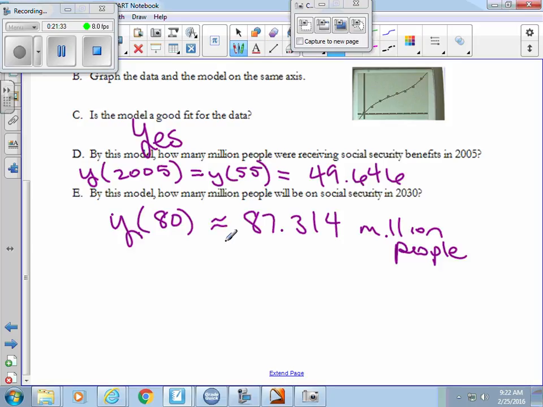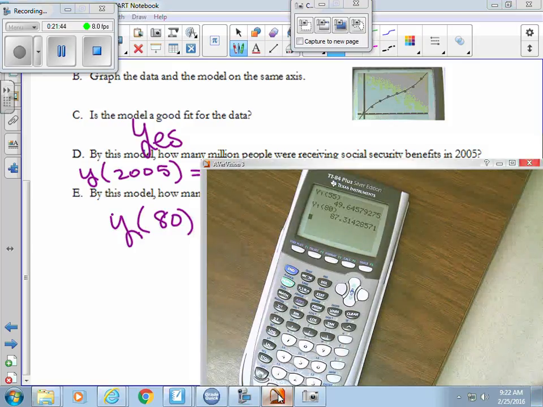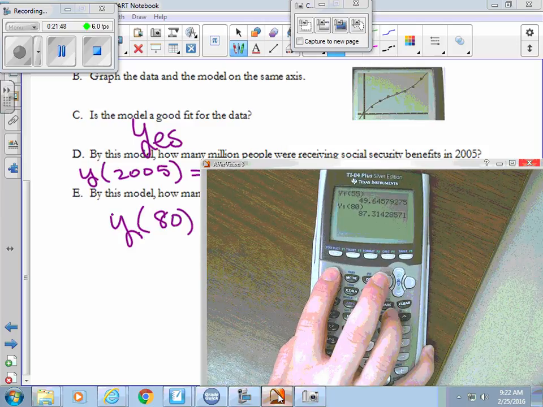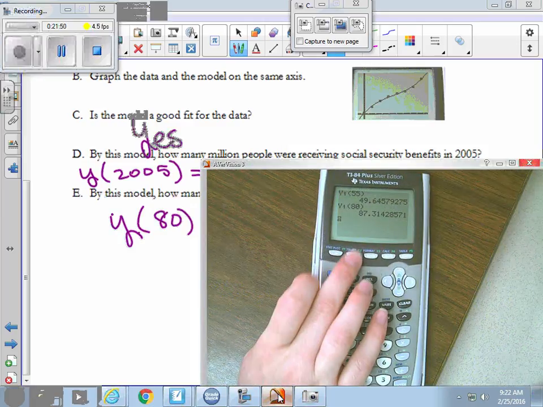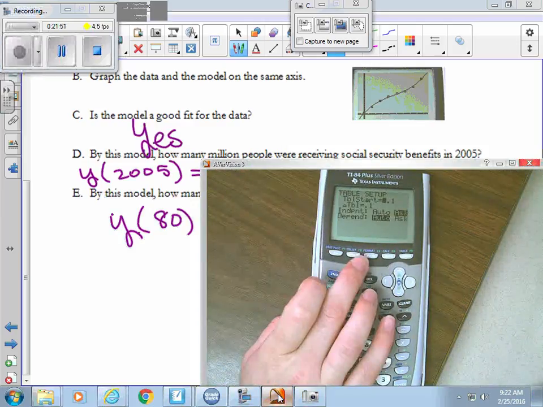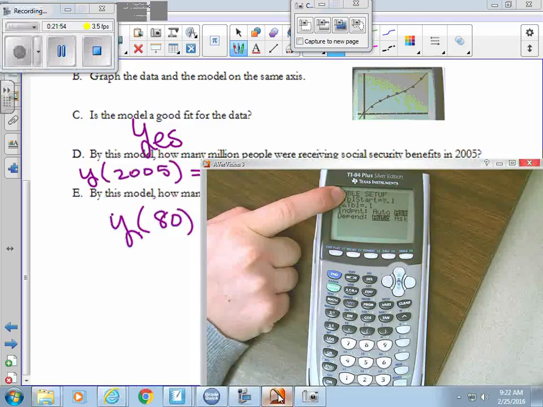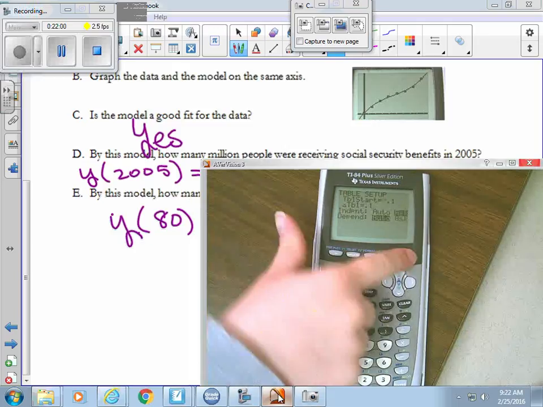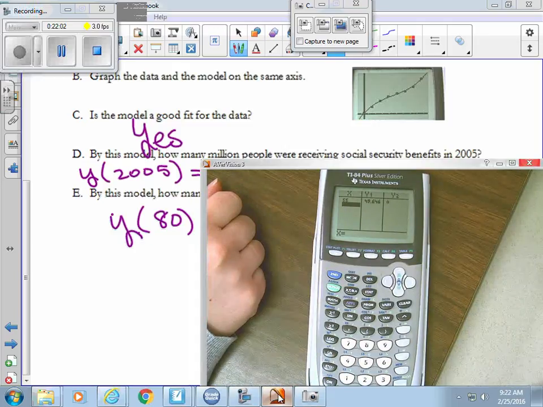Do you know how to do that? It's using your table or your home screen. It's 2 ways. Is your table set up where you can type in it? Okay, go to second window, and on your table setup, put your independent variable on ask. And then go to second graph, which is your table, and type in 55.